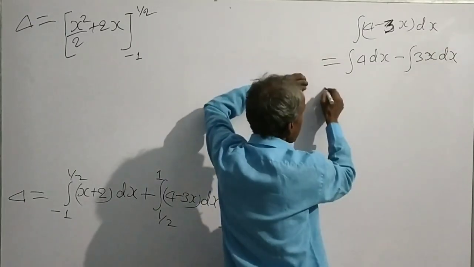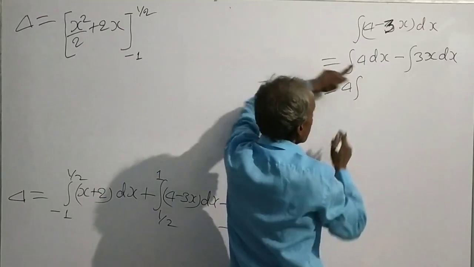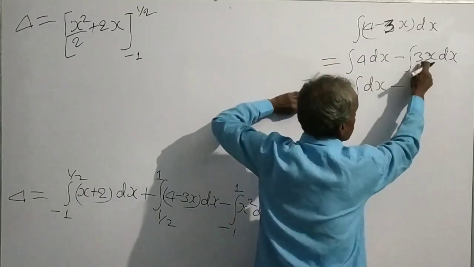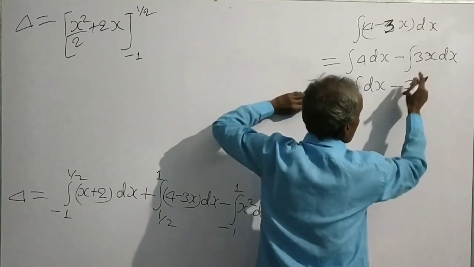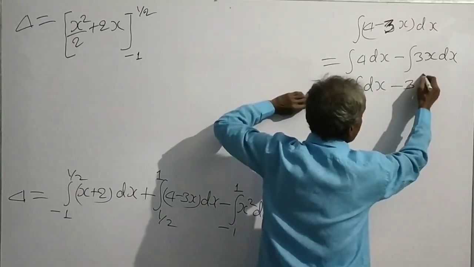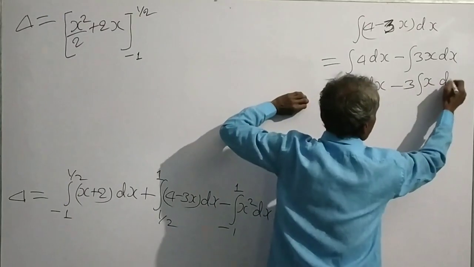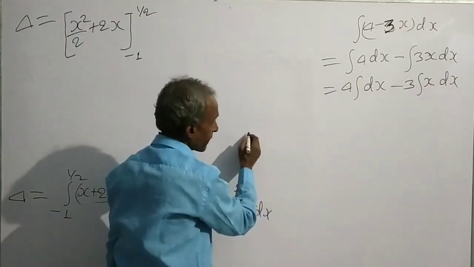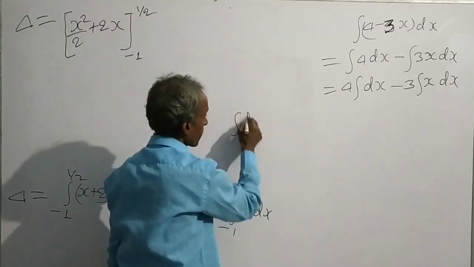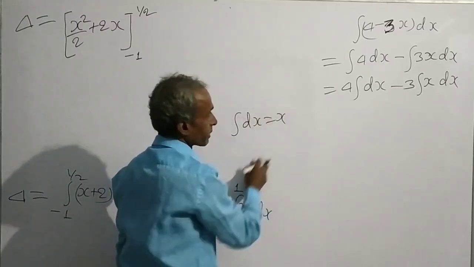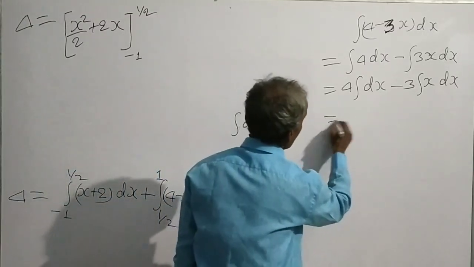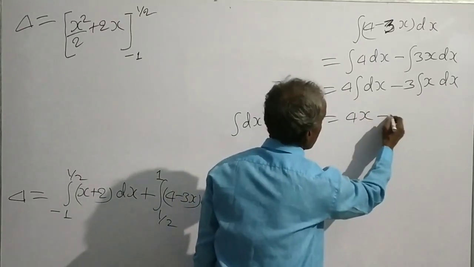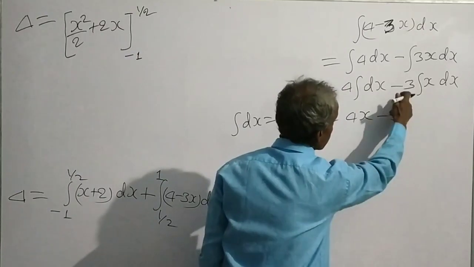4 is a constant number, therefore 4 can be taken outside the integration sign. 3 is constant, therefore 3 can be taken outside the integration sign. We know that integration of dx is equal to x, therefore this becomes 4x minus 3 times the integral of x dx.